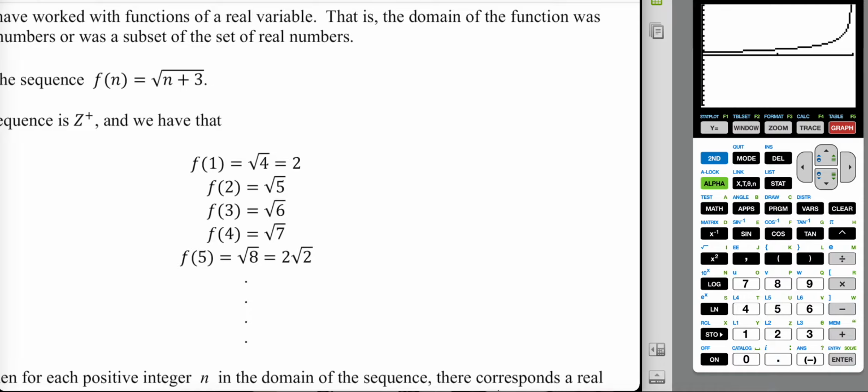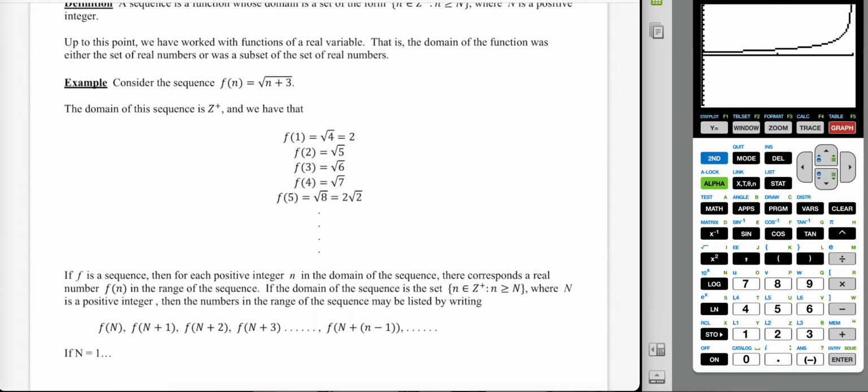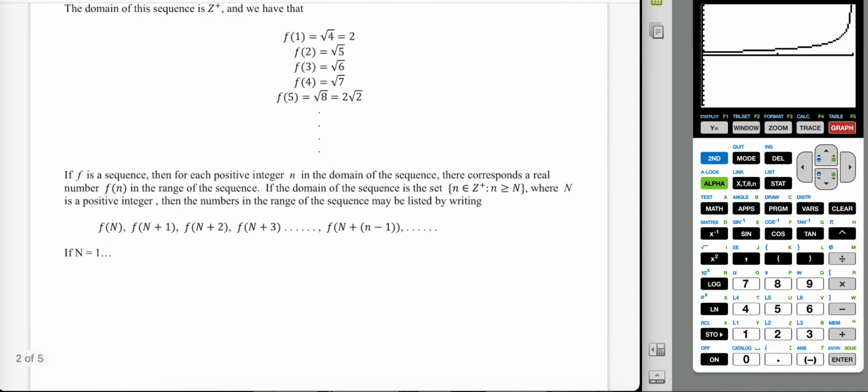So each one of these elements would be a term of the sequence. If you just follow the notation at the bottom there, you see how that plays out. What we need to do is learn how to expand sequences, but also learn how to develop rules that can be used when dealing with a sequence that's already expanded.